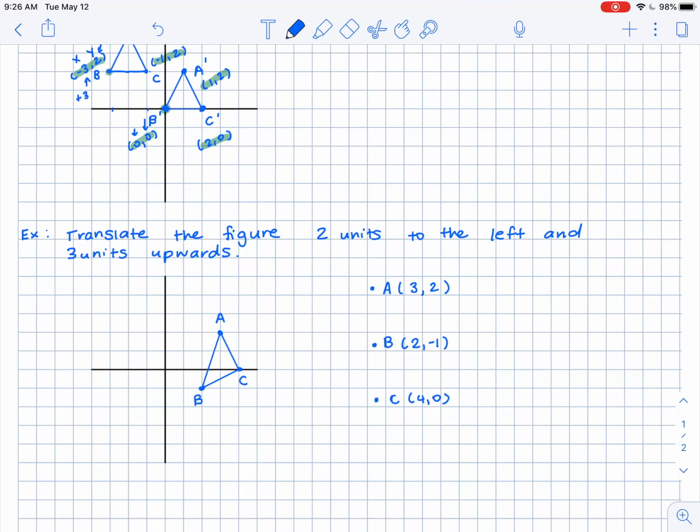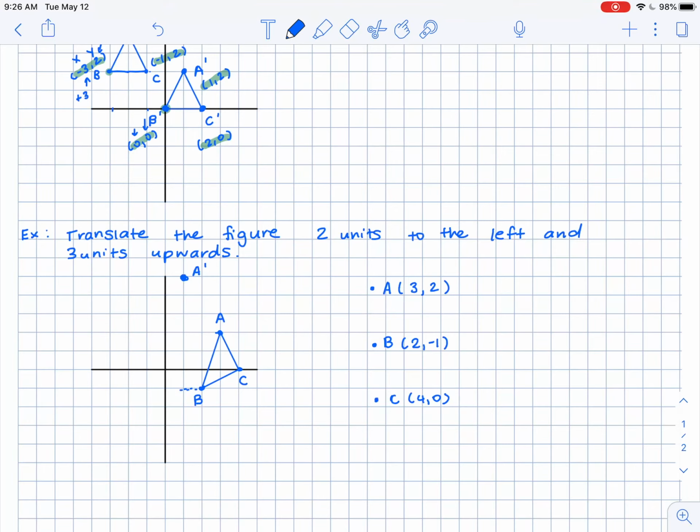Alright, so here we go. First, sliding it. We're going to move each point 2 units to the left and 3 units up. 1, 2. 1, 2, 3. There's our new A. Okay.